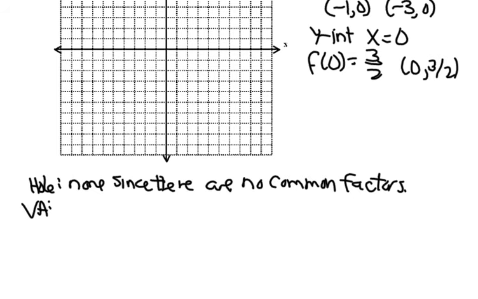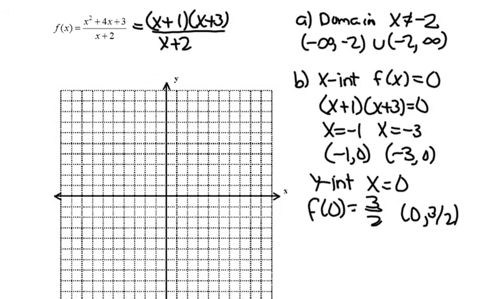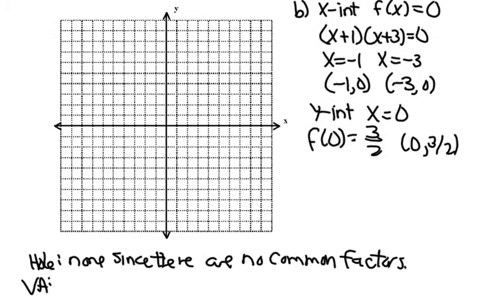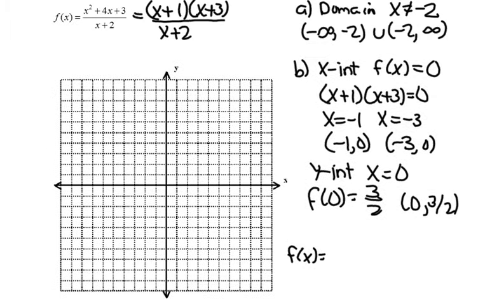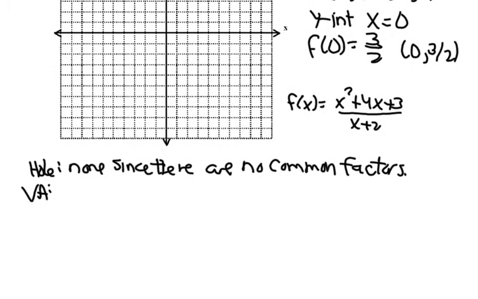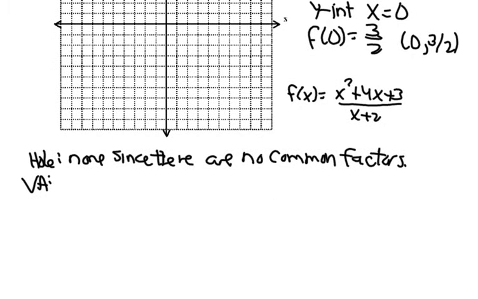I'm going to rewrite this problem again so that we can see it: f of x is equal to x squared plus 4x plus 3 divided by x plus 2. Vertical asymptotes come from the denominator, so the equation of the vertical asymptote is x equal to -2.